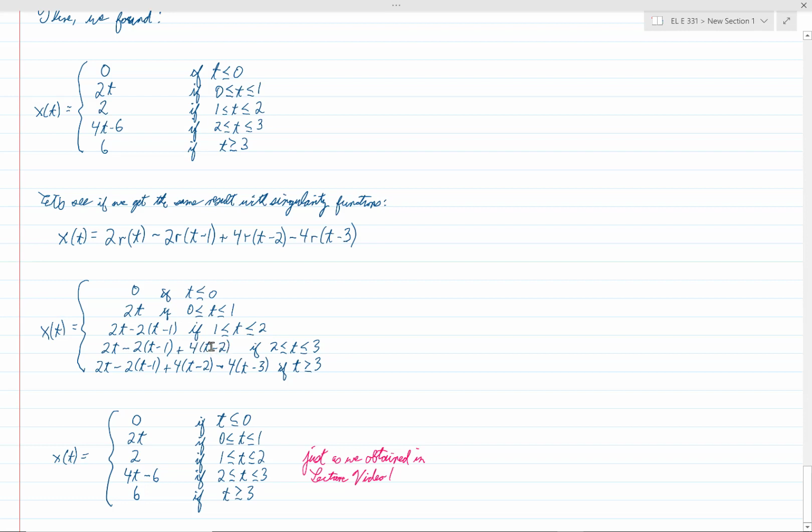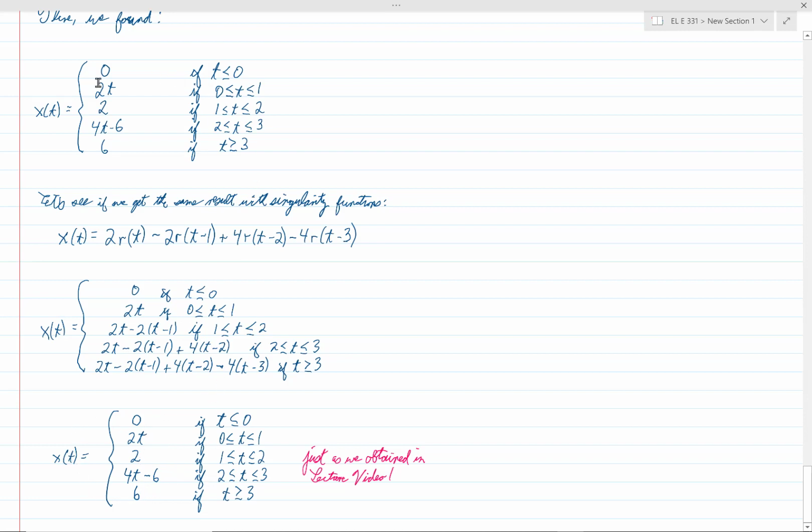So that's 4t minus 8 plus 2 is 4t minus 6. Right there. And then if all of this is equal to 4t minus 6, then we have minus 4t. That gets rid of all the t's. And then we have minus 4 times minus 3 is 12. But we had 4t minus 6. So the minus 6 and positive 12 just gives us 6. So this is what we ended up with.